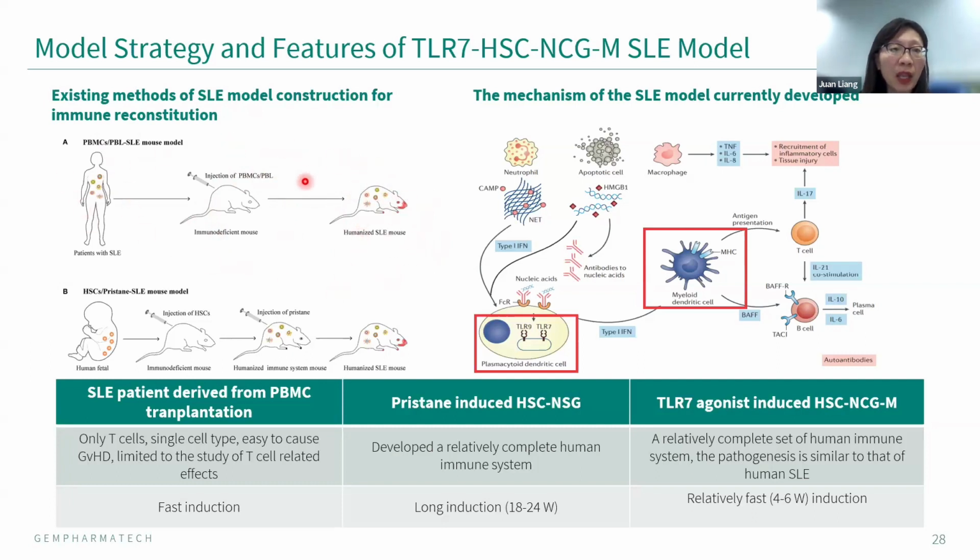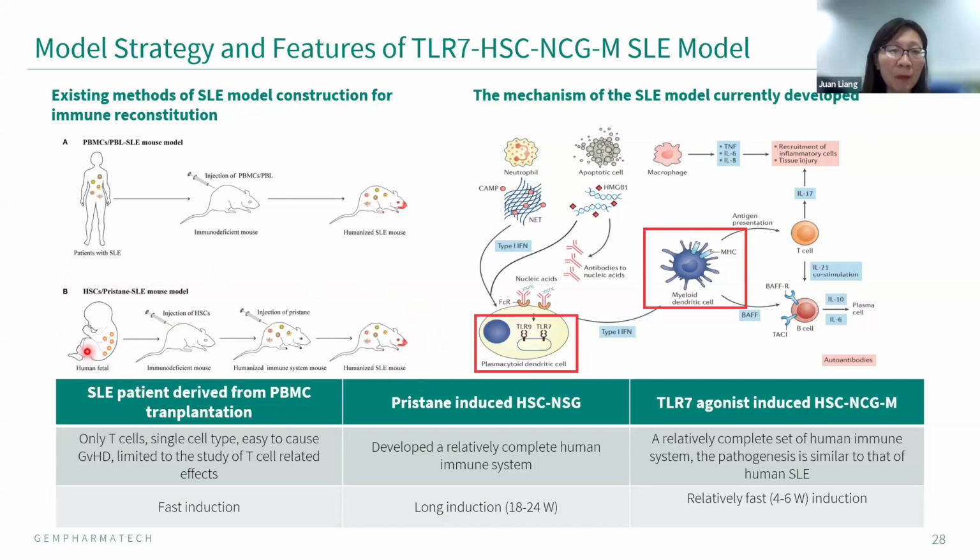But since we only transplant the PBMC into the mice, these mice will only have T cells and some B cell functions, but no innate cells like the PDC cells or other APC cells involved in the model. If we use HSC transplantation into NCG deficient mice, we can establish innate immune cells like PDC cells and myeloid cells, and also we can have T cells and B cells.